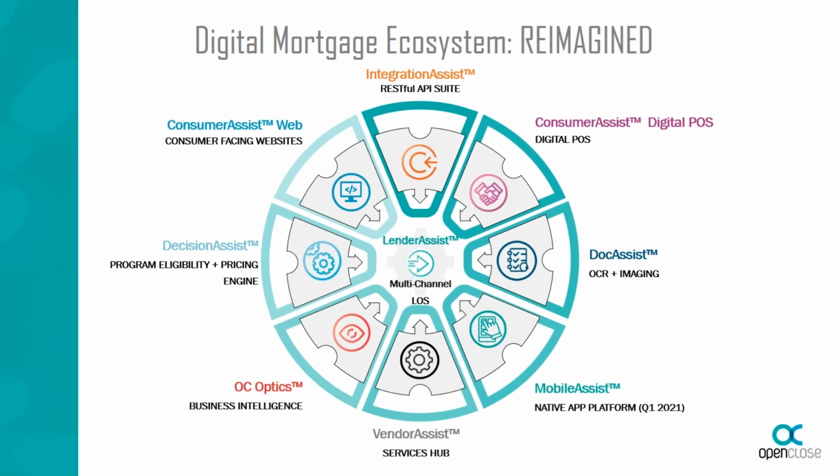So it really just comes down to what our customer wants to deploy. The consumer app kind of speaks for itself. It's intended for the consumer interaction. And then the affinity app is more designed for things like realtors and settlement agents and builders, other affinity individuals that might be tied into the loan process so that they can collaborate on the loan as well.